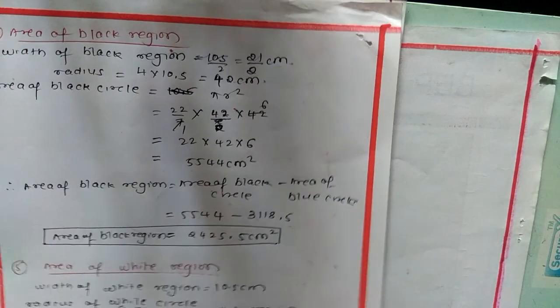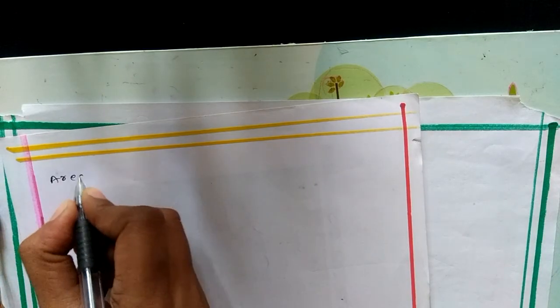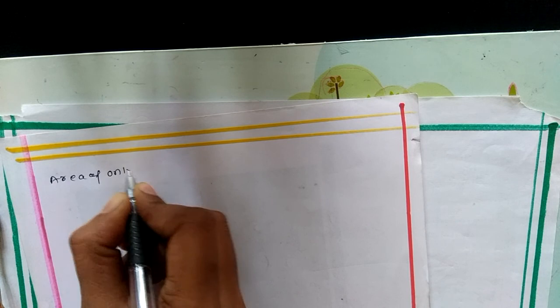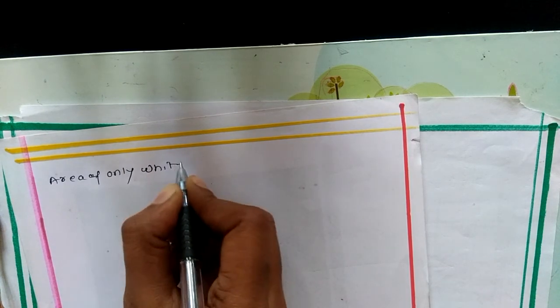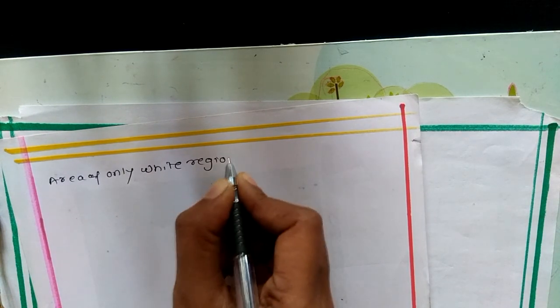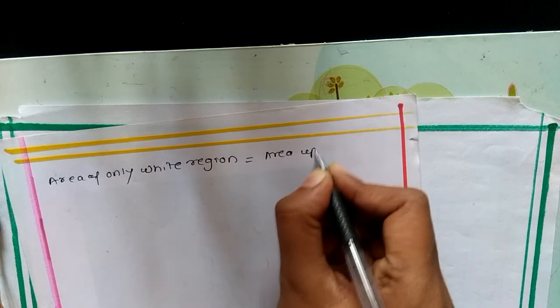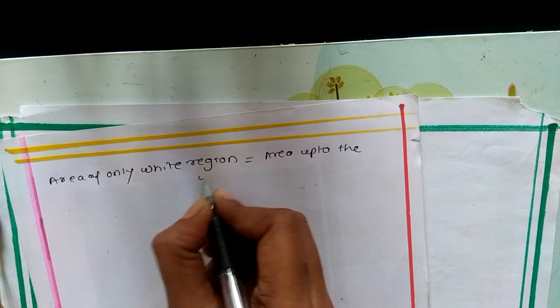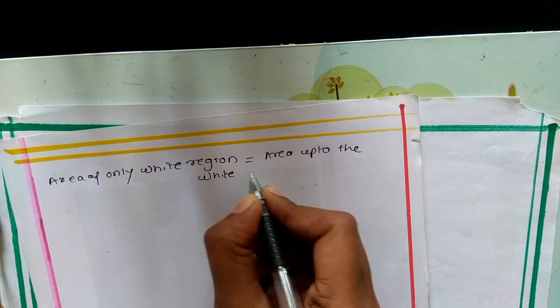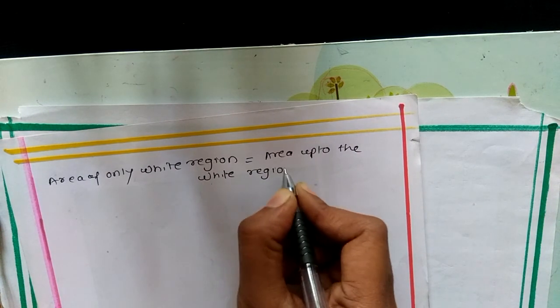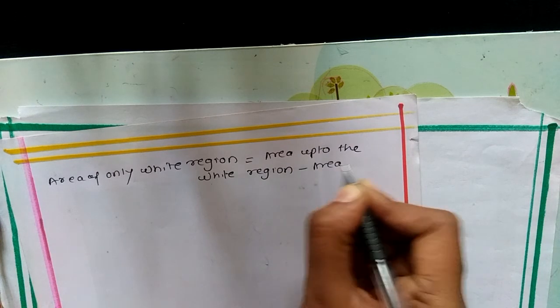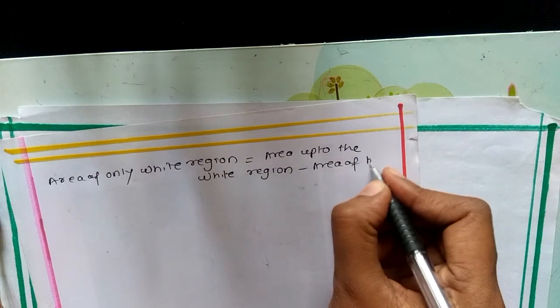Therefore, area of only white region, that is, area up to the white circle minus area of the black circle.